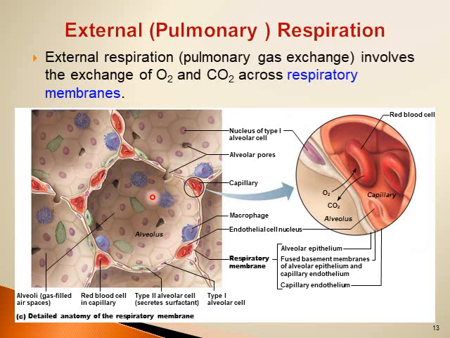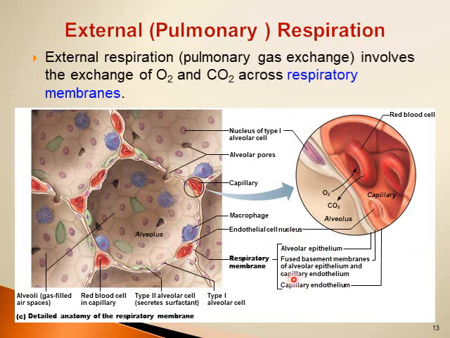Oxygen in the alveoli or carbon dioxide in the blood have to cross something called the respiratory membrane. The respiratory membrane is composed of 3 layers. It is composed of alveolar epithelium, mainly type 1 alveolar epithelial cells, then the fused basement membrane of the epithelium of the alveoli and the epithelium of the capillaries.